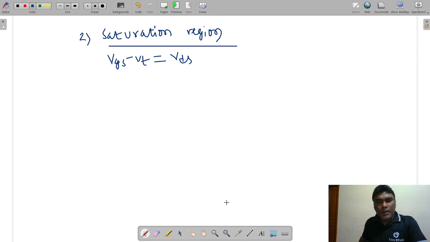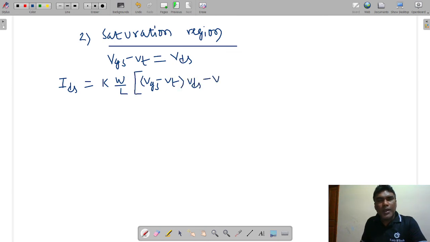Then in the equations we have IDS in non-saturation. IDS is equal to K into W by L, VGS minus VT into VDS minus VDS whole square by 2.